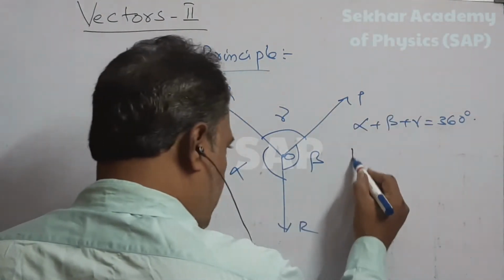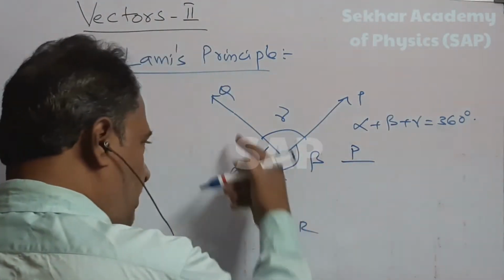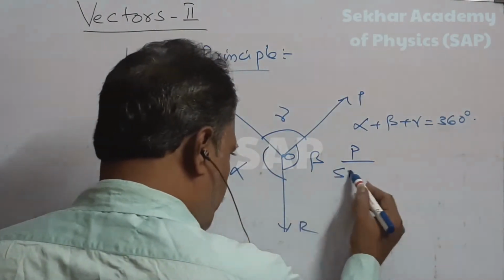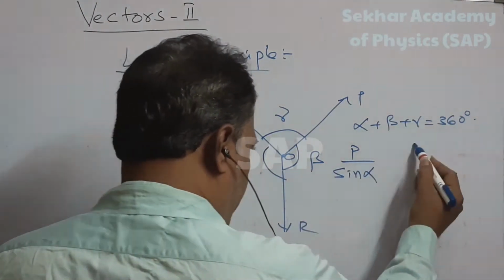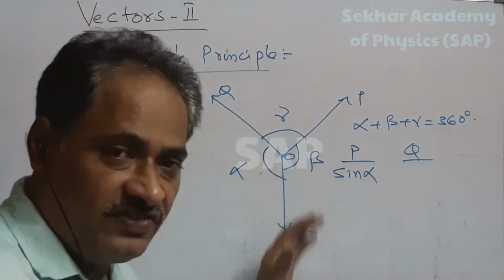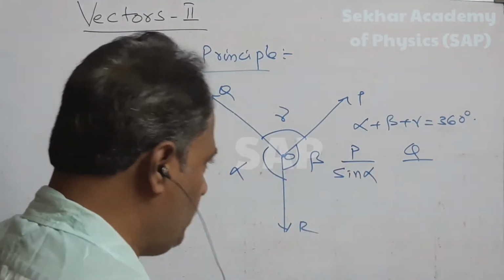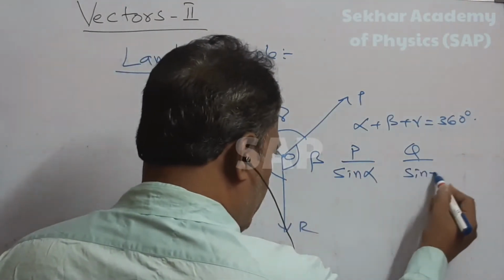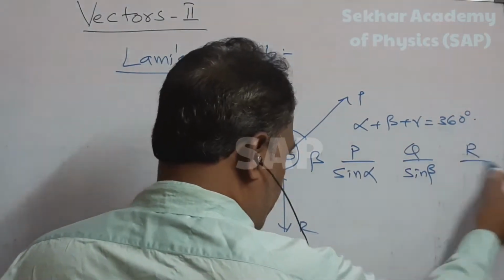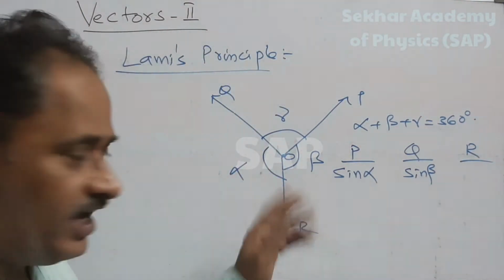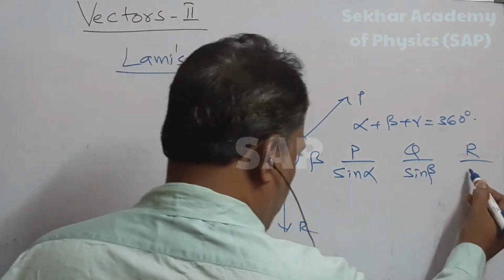the first one, P by the sine of the angle between the other two, sine alpha. Next, Q by the sine of the angle between the other two, which is sine beta, and R by the sine of the angle between the other two, that is sine gamma.